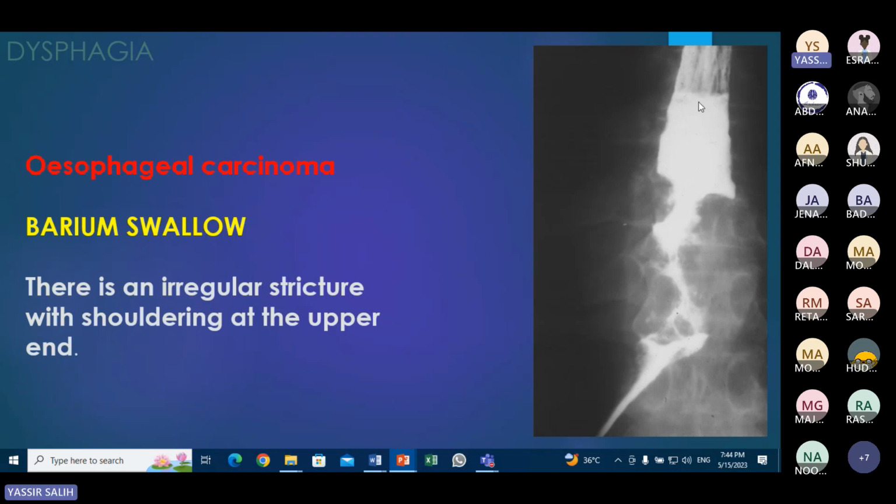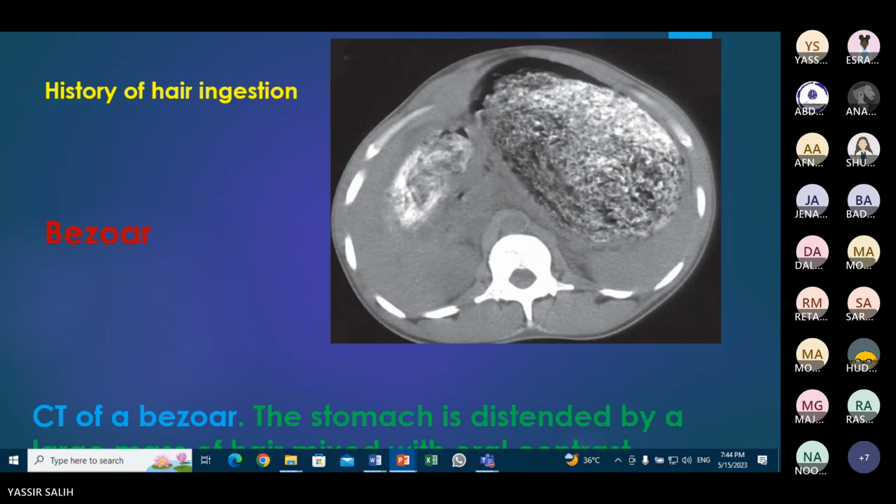This area is narrowed. This is normal, but there is an irregular narrowed structure with irregular outline and shouldering. We call this shouldering. So what is the most likely diagnosis? Esophageal carcinoma.